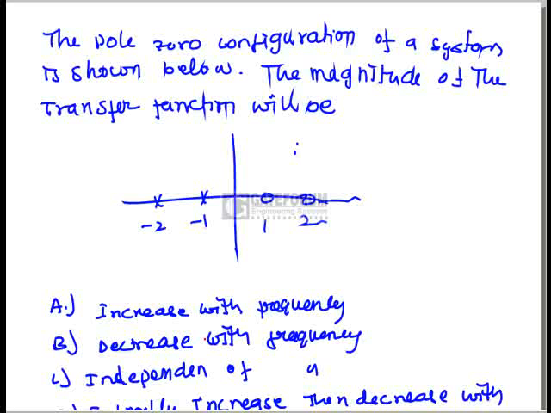So first, if you observe the system, then we will go for the option. Here there will be a symmetric pole zero configuration. One pole is here and the symmetric zero is here, and one more pole is here and the symmetric zero is here.